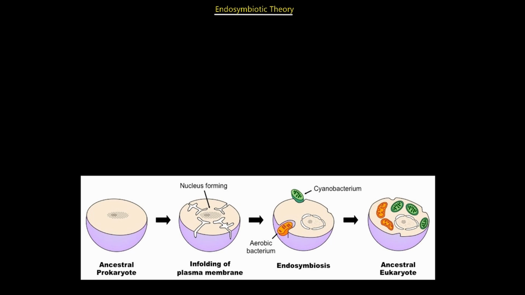So the last topic for this video that we're going to discuss is called the endosymbiotic theory, and that is really the rise of multicellularity that has occurred. And endosymbiotic theory basically states that mitochondria and chloroplasts were originally free-floating prokaryotes.